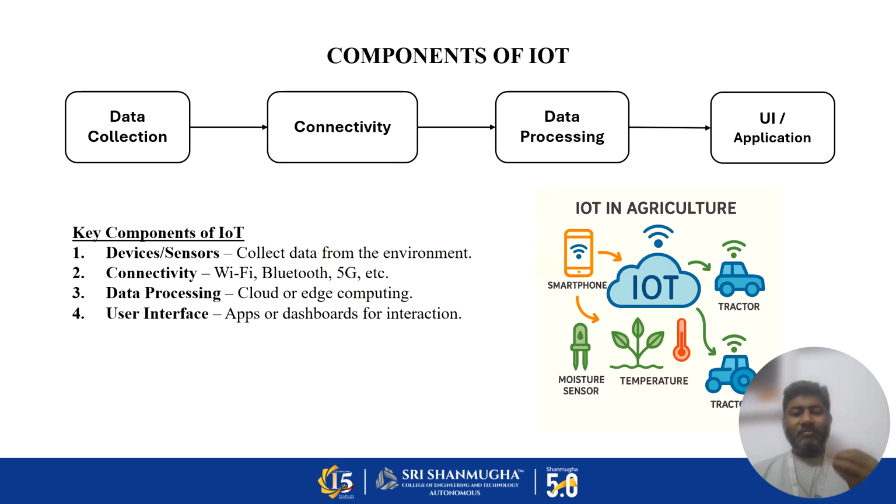It means you use a sensor or an actuator to collect your data. If it is an agriculture application, then you will use sensors such as temperature to record temperature, moisture sensor to record the moisture value from the field.